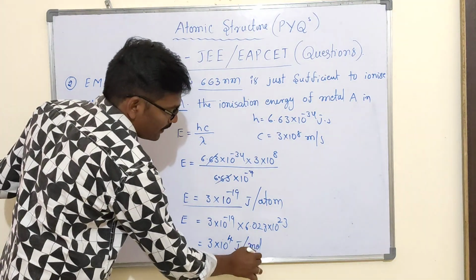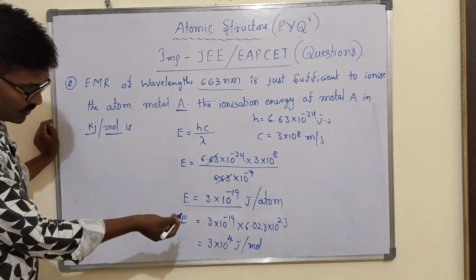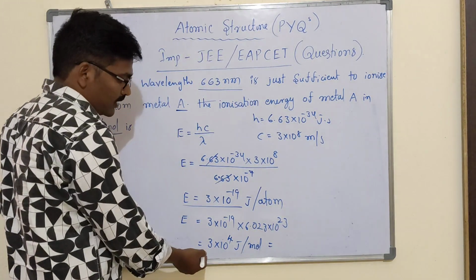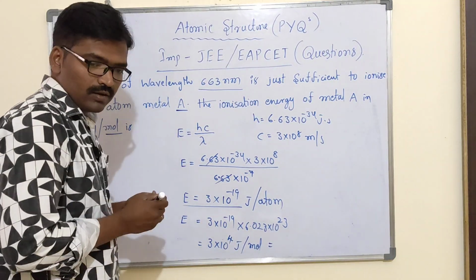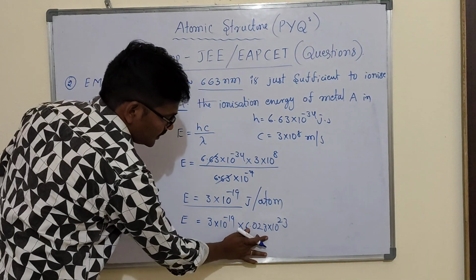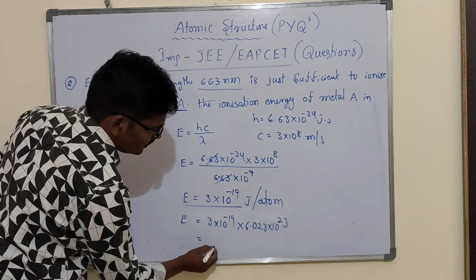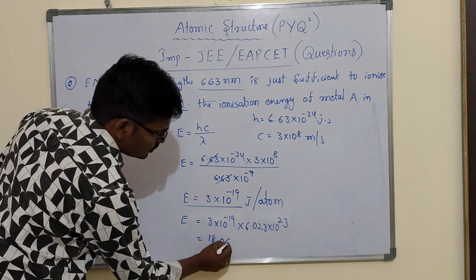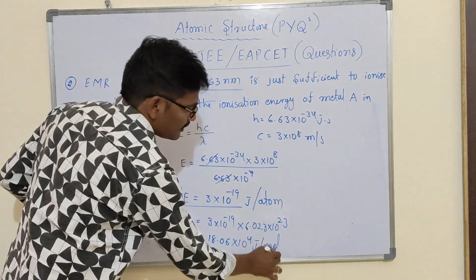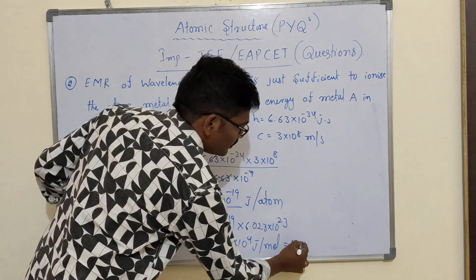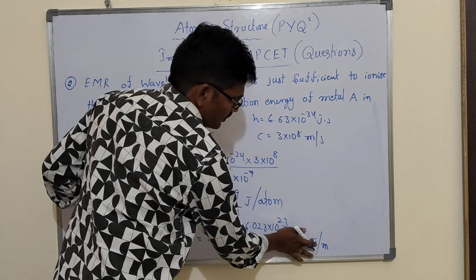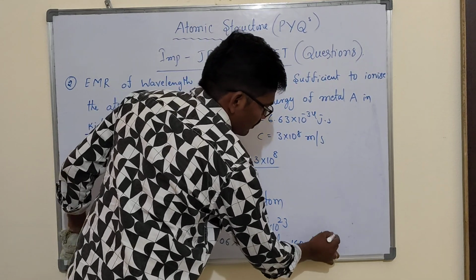per mole. Now if you want to shift it to kilojoules, here we can write 3 into 6, then 18, nearly 18.06 into 10 to the power of 4 joules per mole you can get.